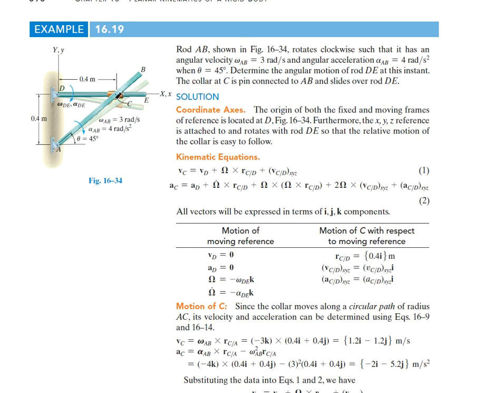Another sample problem, this one 16.19, shows a collar that is pinned relative to link AB. The motion of link AB is given. We know its angular velocity and its angular acceleration, also the angle here, 45 degrees.